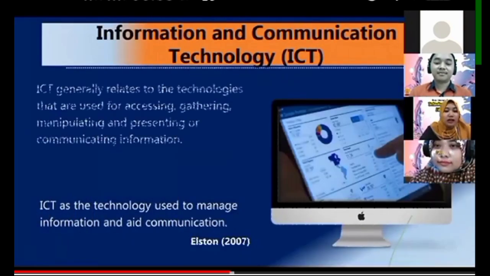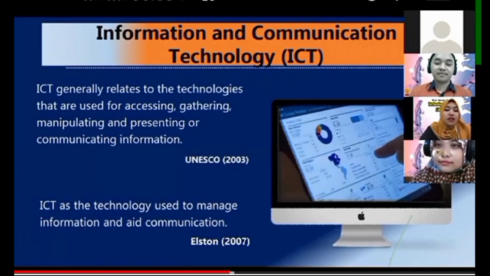Well, now we move to the definition of ICT itself. UNESCO in 2003 mentioned that ICT generally relates to the technologies that are used for accessing, gathering, manipulating, and presenting or communicating information. Meanwhile, Elston in 2007 stated that ICT is technology used to manage information and aid communications.